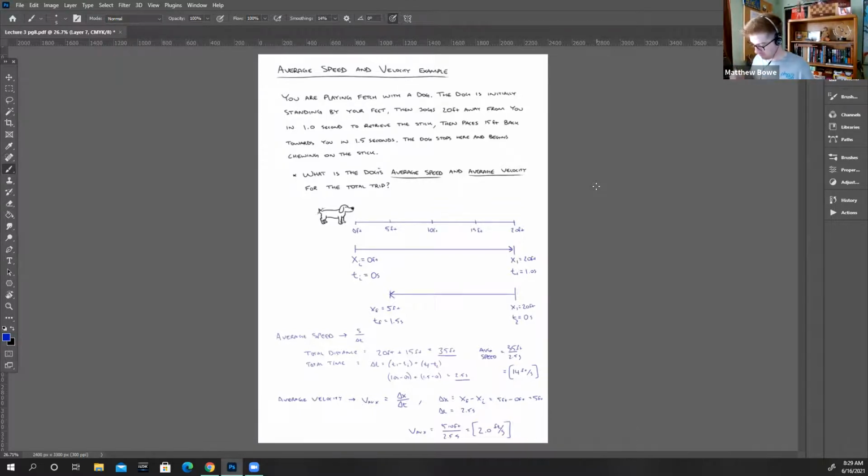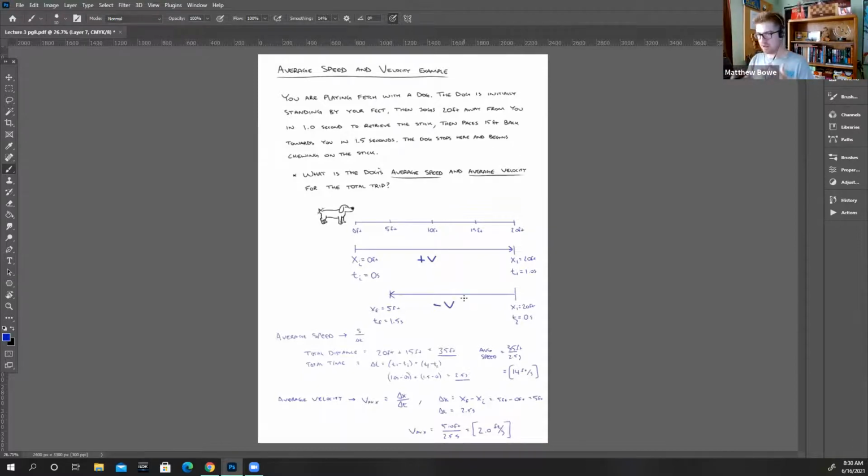But the dog in this example moved to the right to begin with. That is a positive velocity. Let me very boldly say this is a positive velocity when something moves to the right. When something moves to the left, that is a negative velocity.